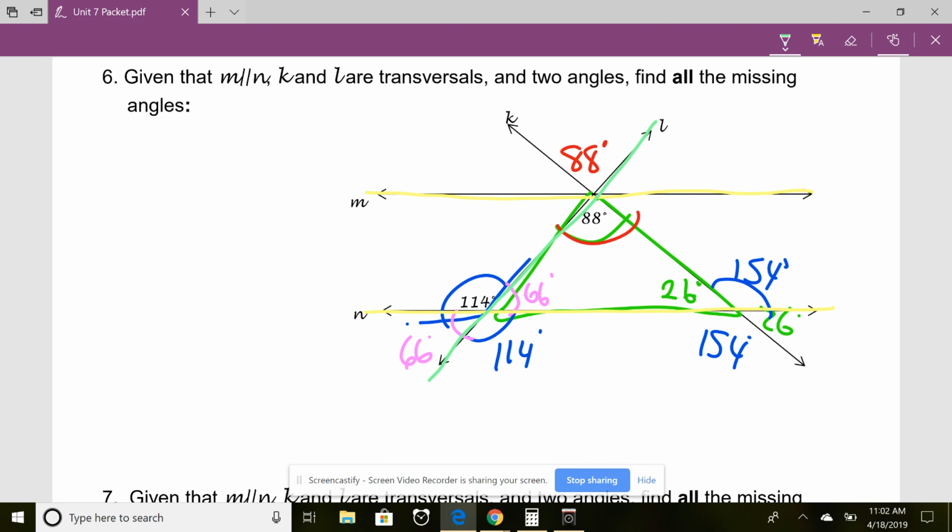When you have two parallel lines cut by a transversal, you have congruent angles, which could be alternate interior. Alternate interior angles, remember, are on the inside of the parallel lines and on opposite sides of the transversal. So right here is also 66 degrees because these are alternate interior angles. This angle right here is vertical to that one, so that one's also 66.